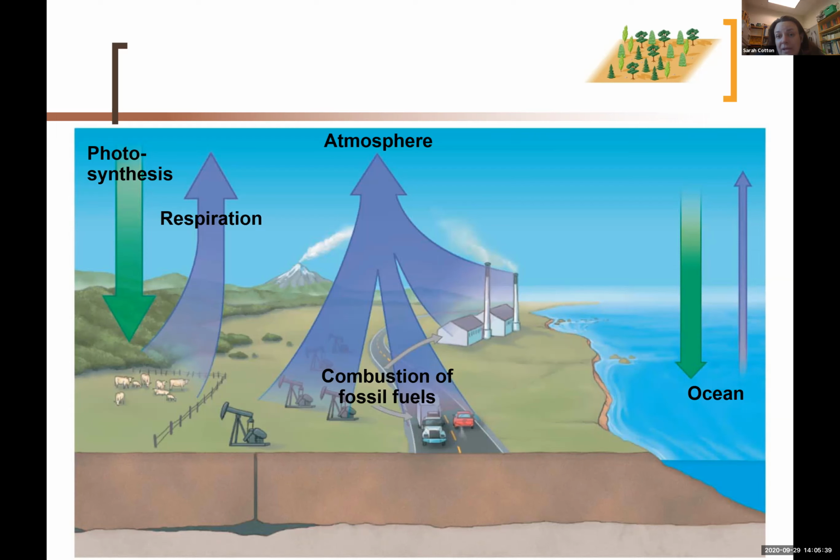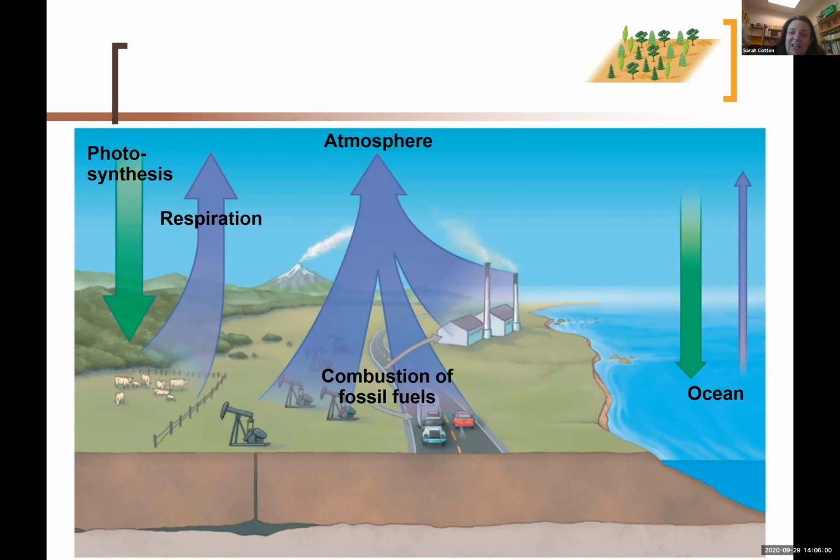The problem is when that source of carbon dioxide is from fossil fuels, what ends up happening is you end up putting more carbon dioxide into the air than it's possible for photosynthetic organisms to take up.